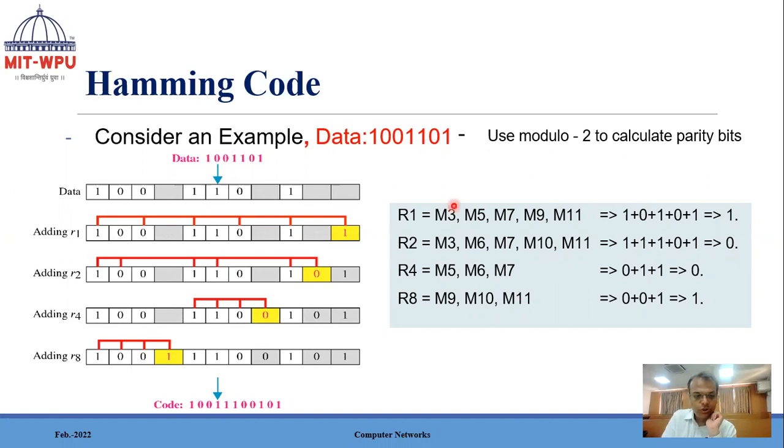You just go through this example and check if there is any problem.